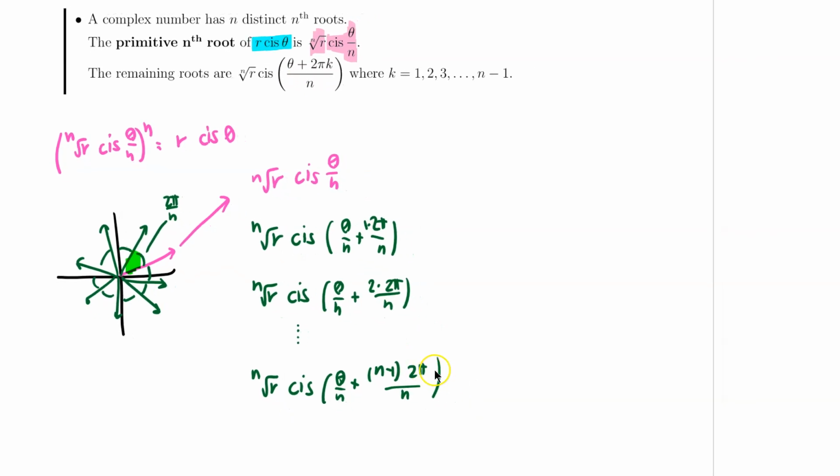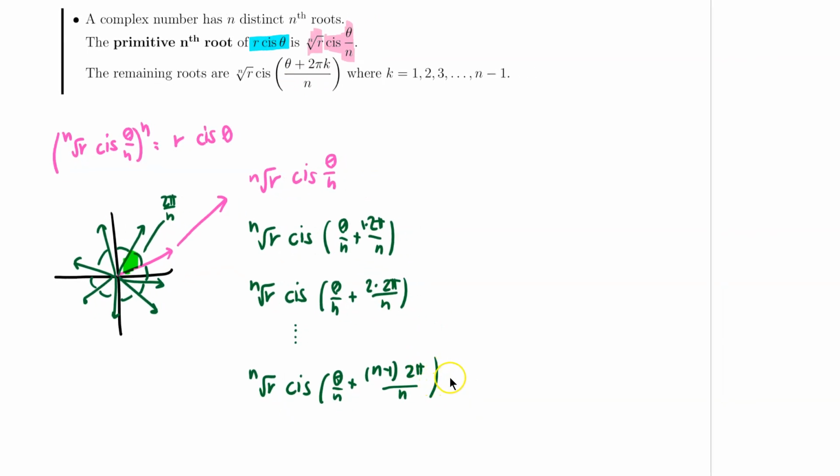Now, you should notice two things. If I keep going, if I forget to stop at n minus 1, what I'm going to end up having is the nth root of r cis of theta over n plus n times 2 pi over n. Notice how the n will cancel out and I'm going to get 2 pi.